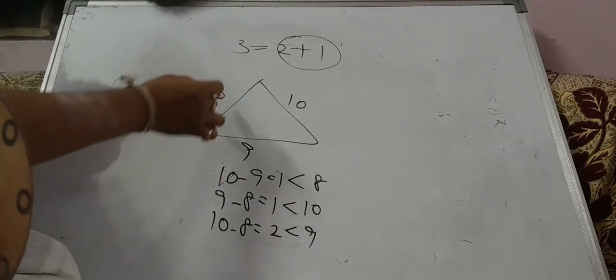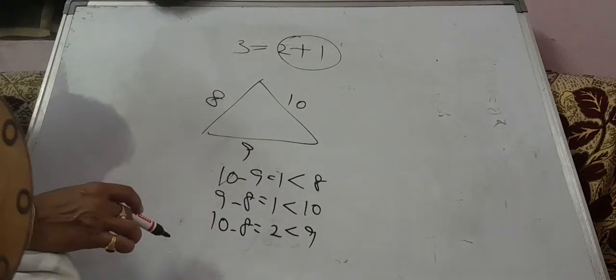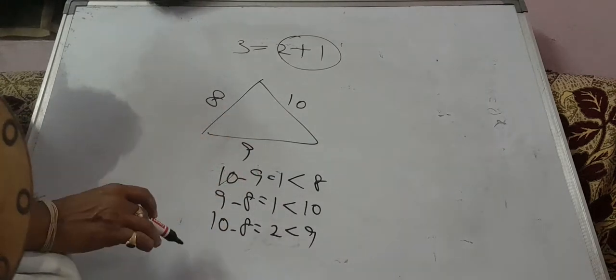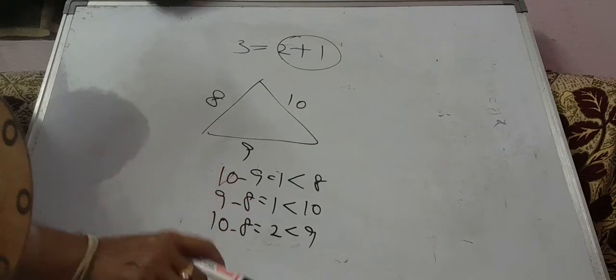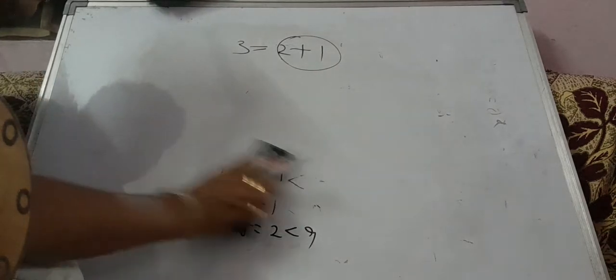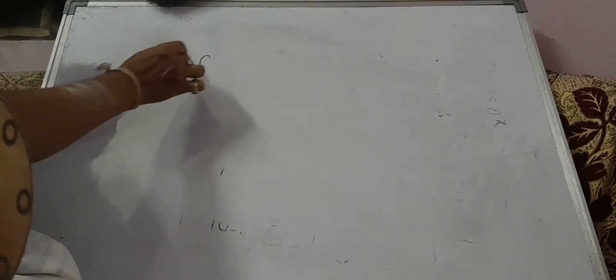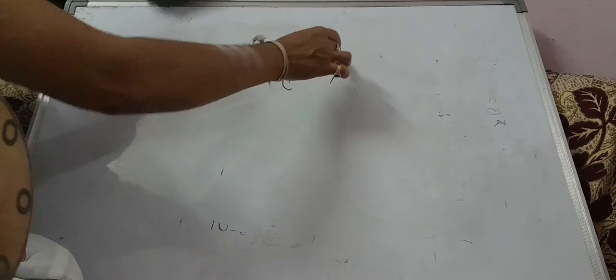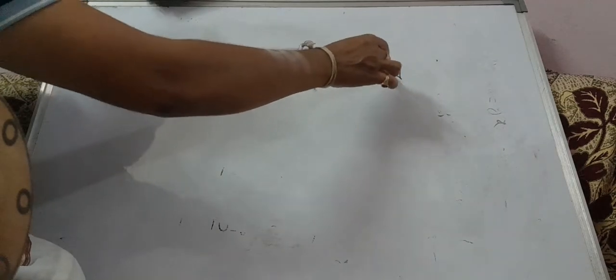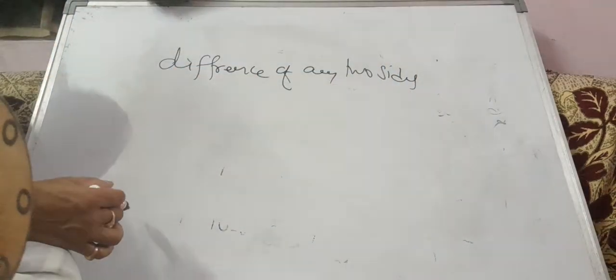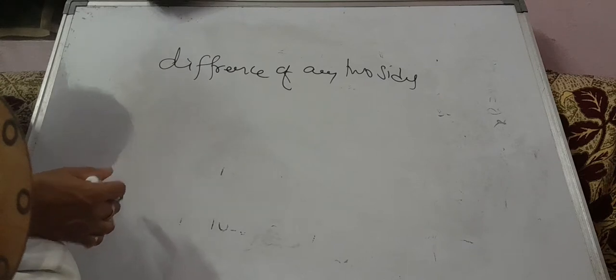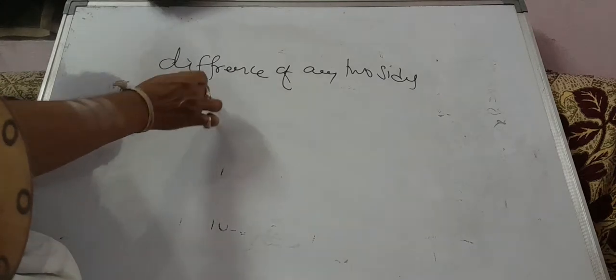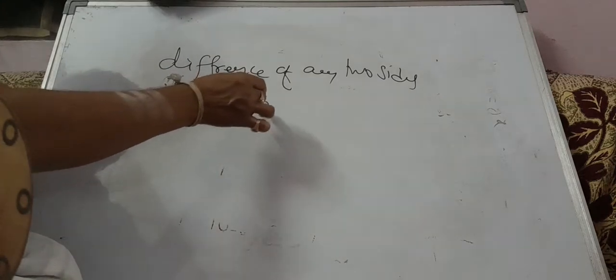So here the difference of any two sides is smaller than the third side. So this is one more property we learn, that is the difference. These are useful not only for 7th class, even for 8th, 9th, 10th, inter also. Difference of any two sides is smaller than the third side.